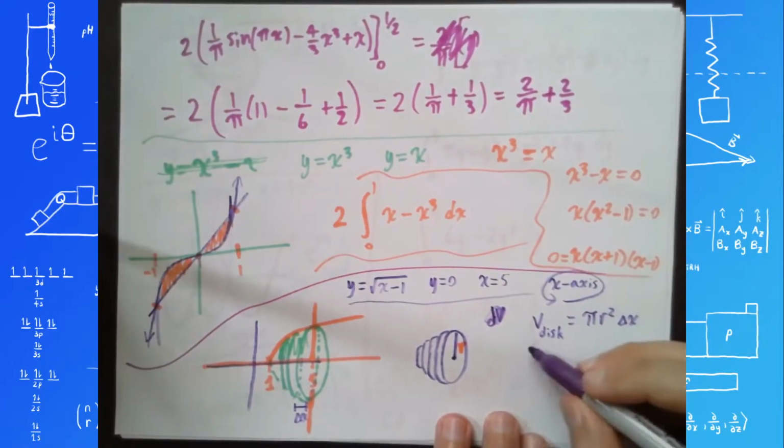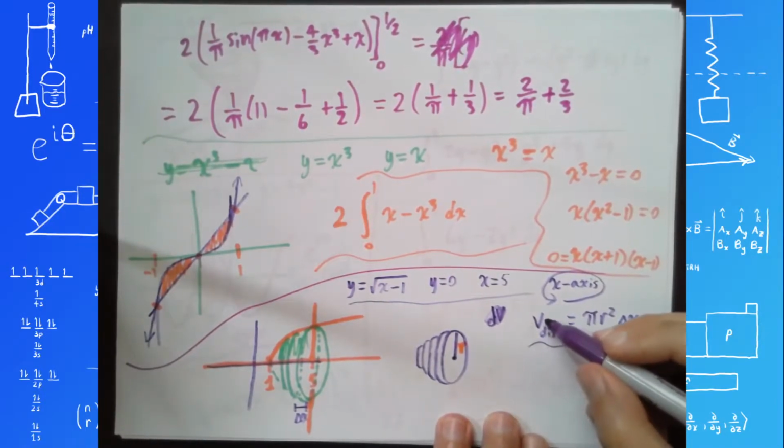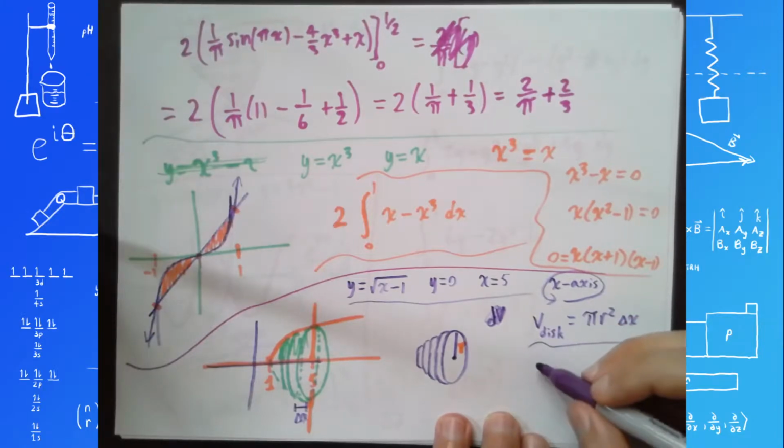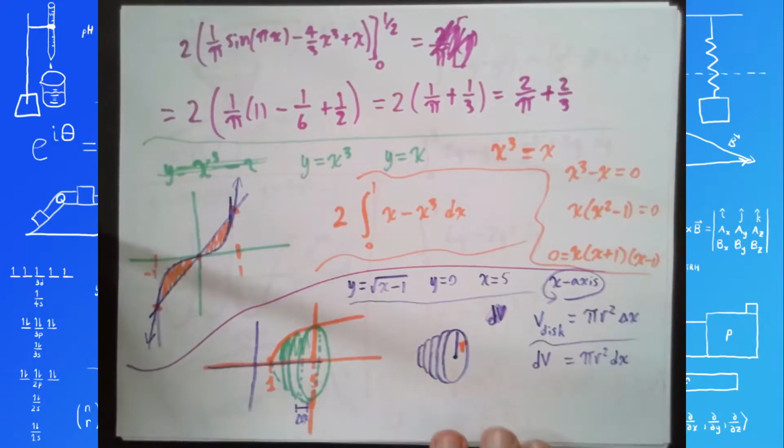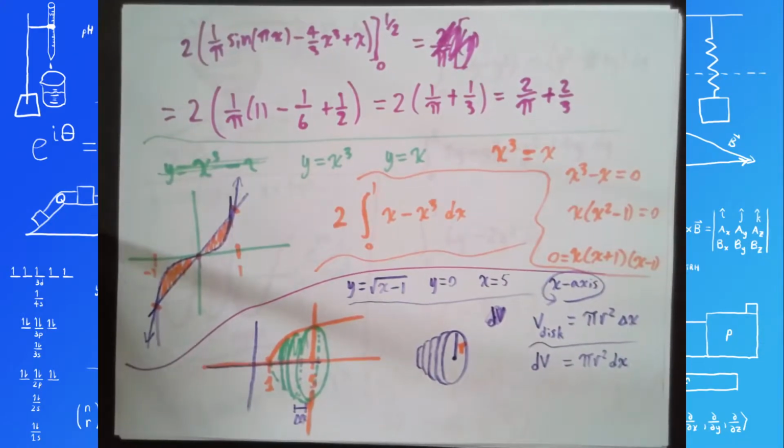If we make them super thin, then we're talking about an infinitesimally small volume of an individual disk, or what we would call dV of the disk, which is equal to pi r squared times a really, really tiny change in x. These are supposed to be super thin disks. You can think of dx as what delta x would be if it approached 0. Okay, and there we go.